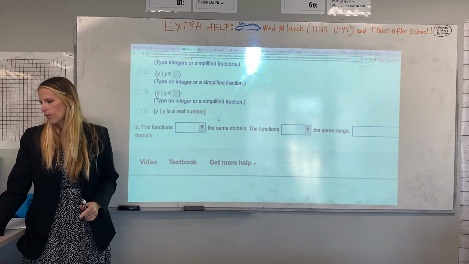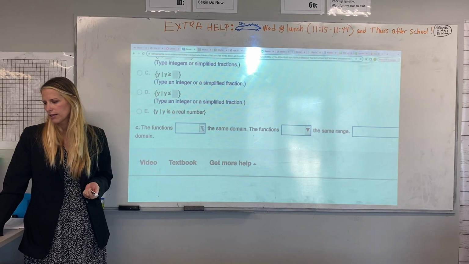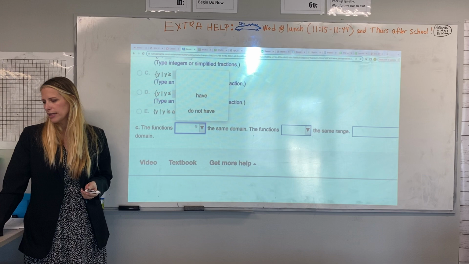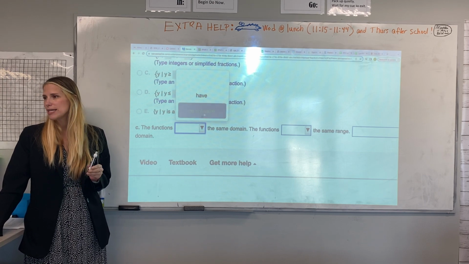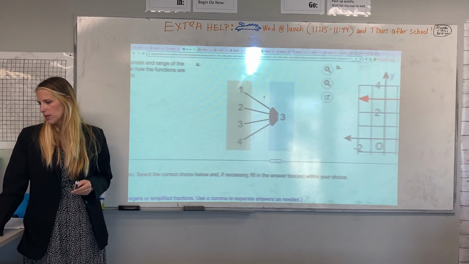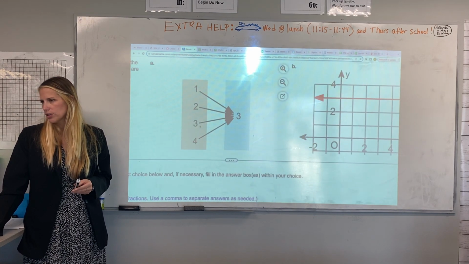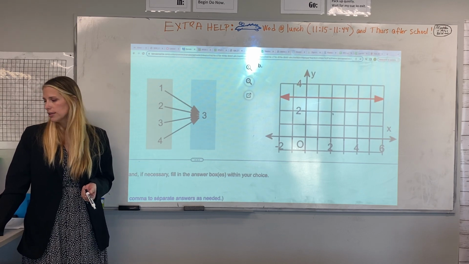The functions blank the same domain: do or do not. So either both functions have the same domain or they do not have the same domain. Let's take a look at our graphs again. Our domain over here was 1, 2, 3, and 4. Our domain over here was all real numbers, right?